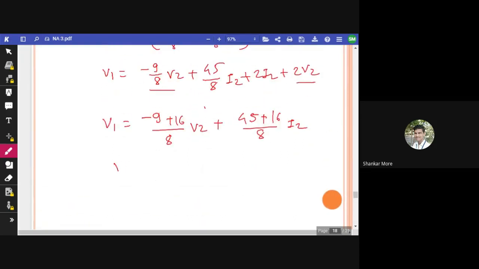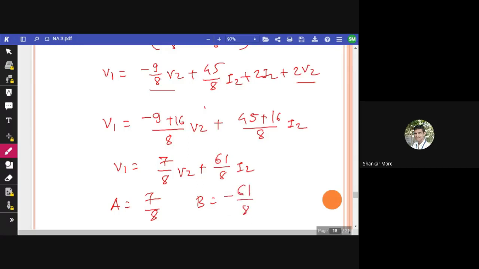So V1 will be equal to 16 minus 9 is positive 7 by 8 V2 plus 45 plus 16 is 61 by 8 I2. So what is our A? A is 7 by 8 and B is minus 61 by 8. I hope it is clear to you.